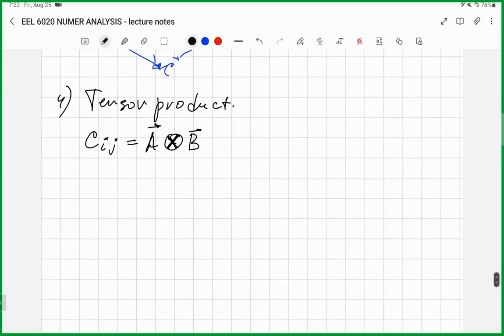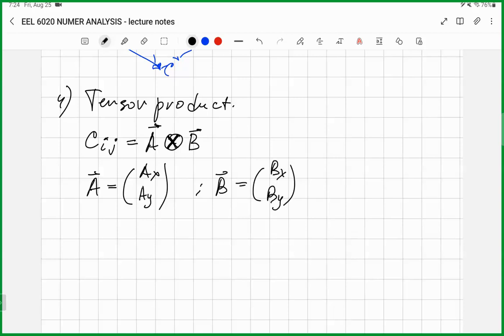How do we calculate it? Suppose we have this vector A with two components, AX and AY, for simplicity, and another vector B with components BX and BY.